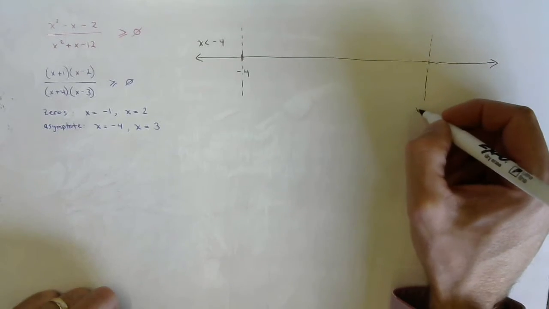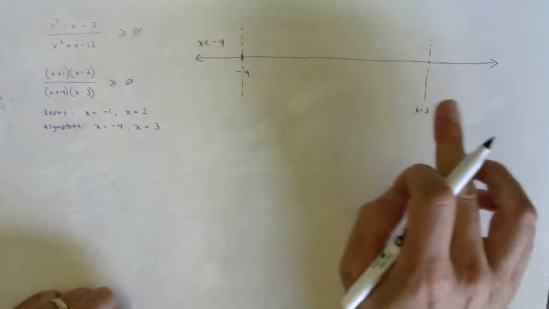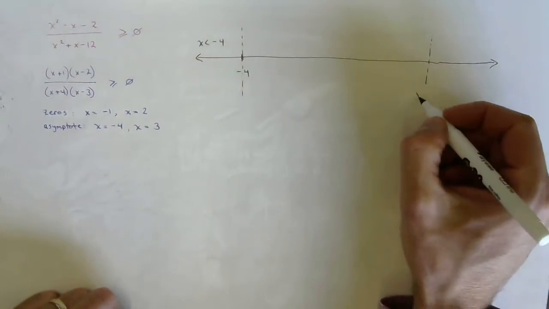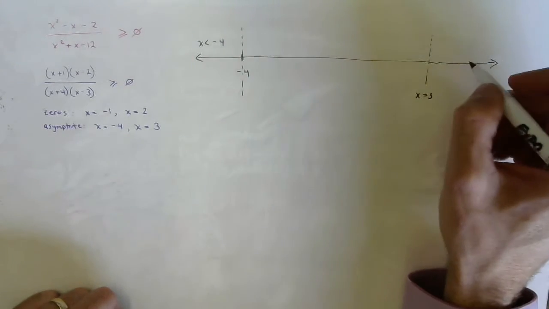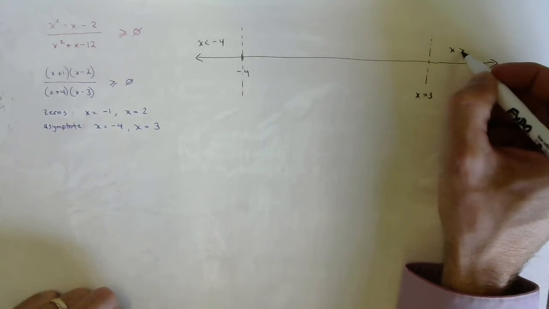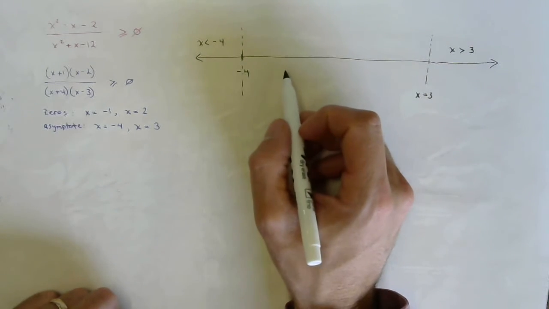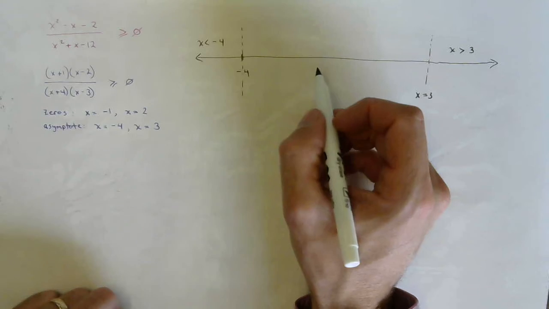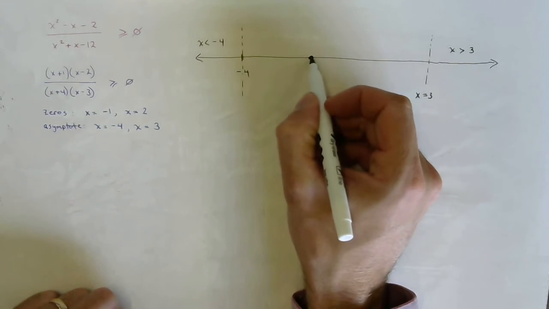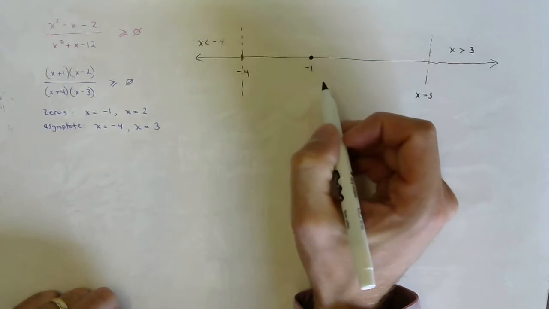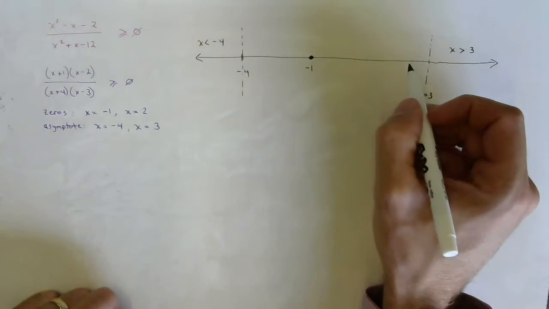So this is x equals 3. So we have this interval, x greater than 3. And then within there, we have our zeros. We have a 0 at -1, and we have a 0 at +2.